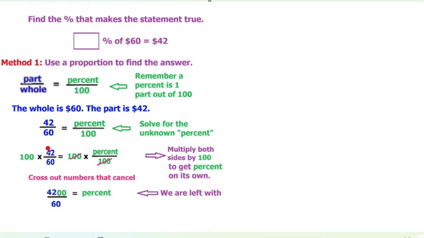This is easy to do. We have 100 here, 42, and then you just add two zeros, and that's the number that it becomes. Now, when you calculate that, percent equals 70%. 4,200 over 60 equals 70%.